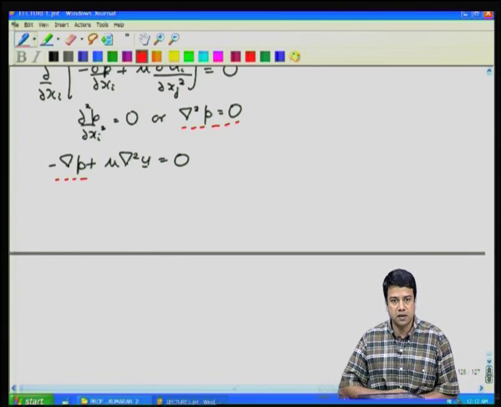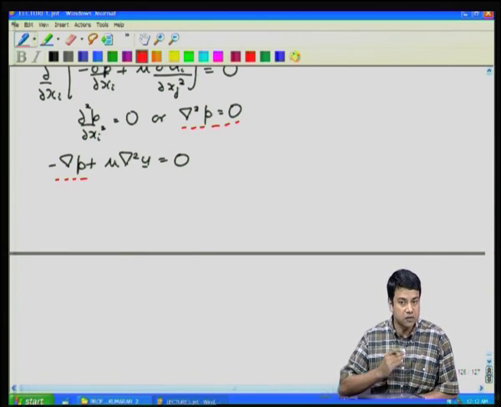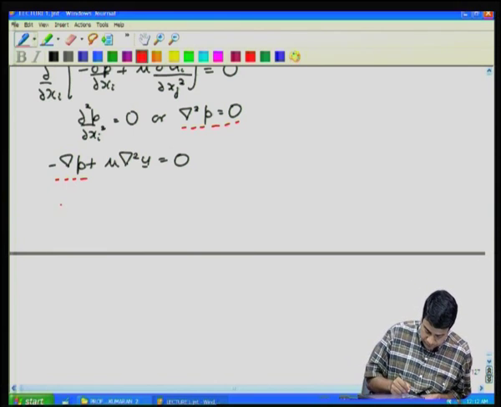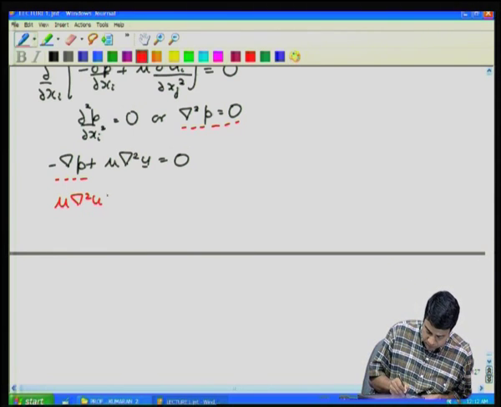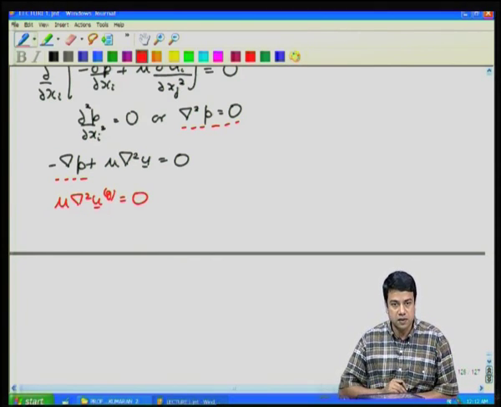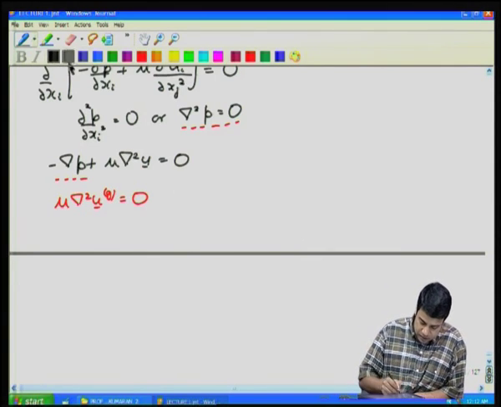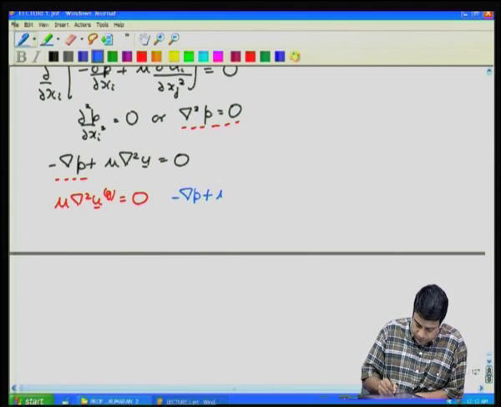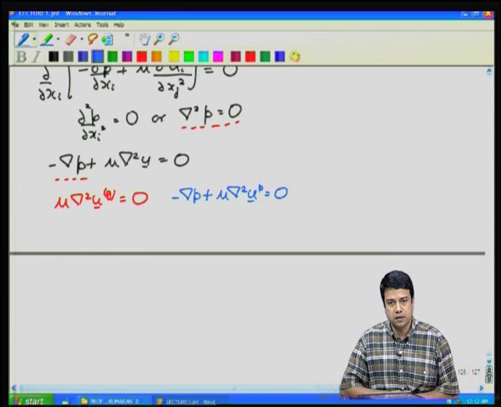That velocity can be separated out into two parts: a general solution for the homogeneous equation without this inhomogeneous term, plus a second equation in which the pressure comes in, but this has only a particular solution.